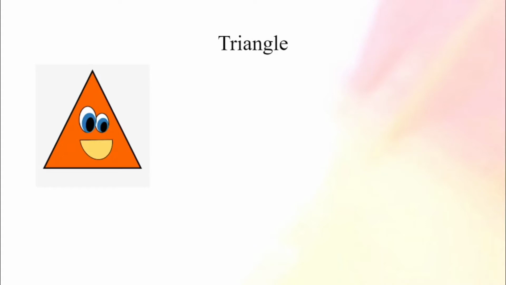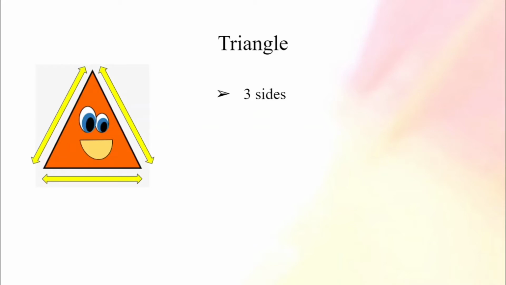Now the next shape is a triangle. A triangle has 3 sides: 1, 2 and 3. A triangle has 3 corners which are 1, 2 and 3.